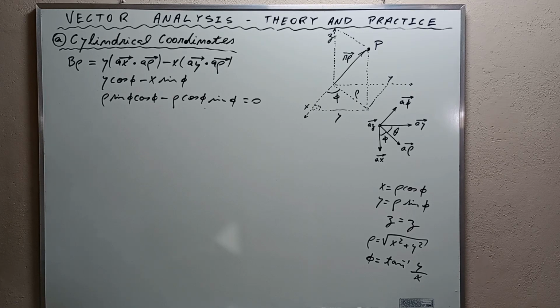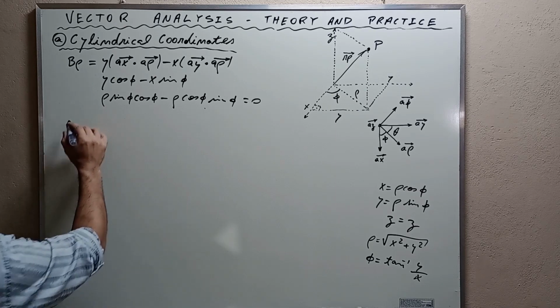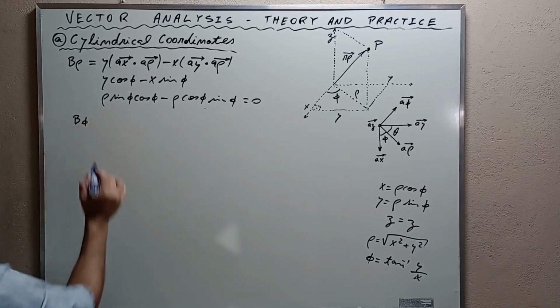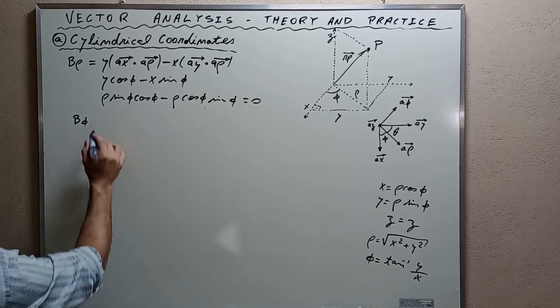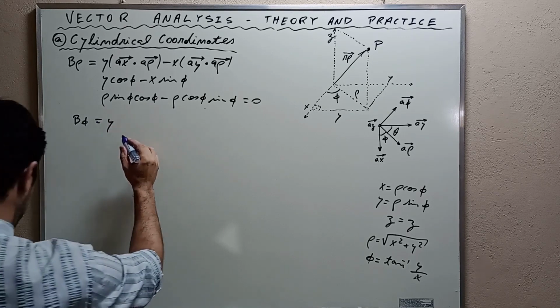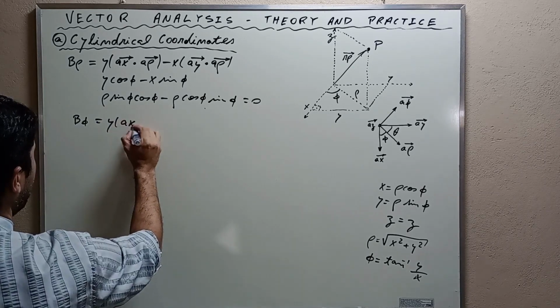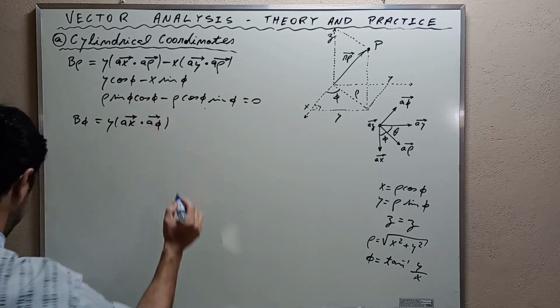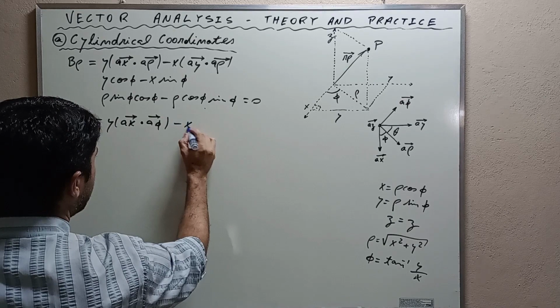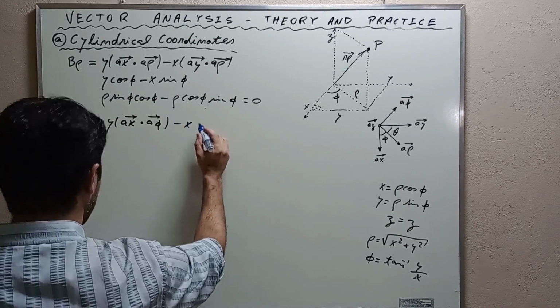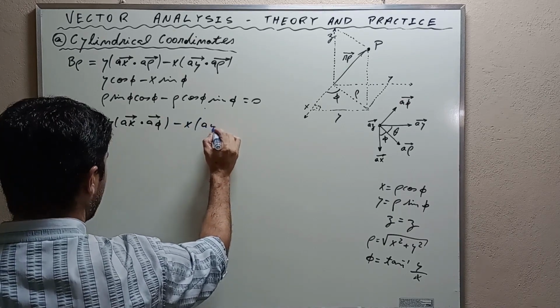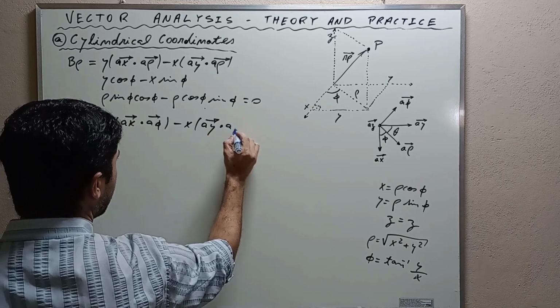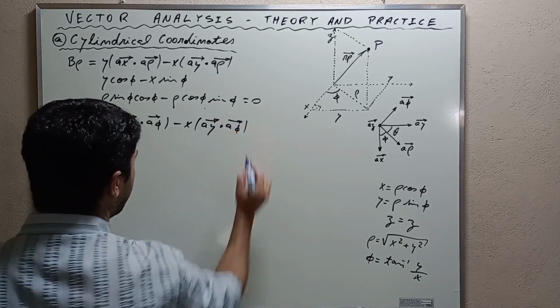And how about the component of b in the phi direction? The component of b in the phi direction was expressed as y ax a phi minus x ay a phi.